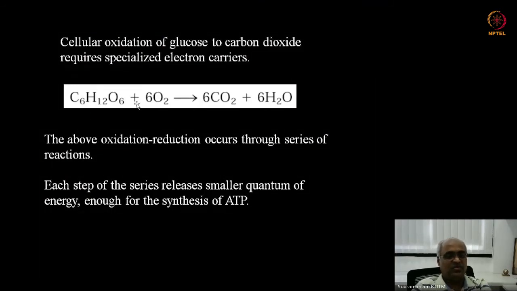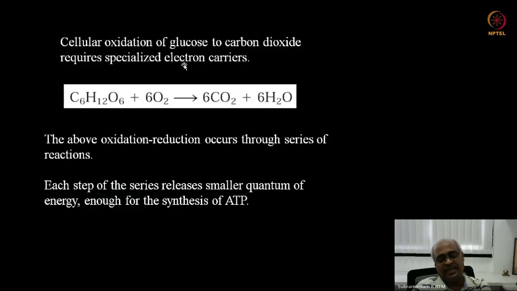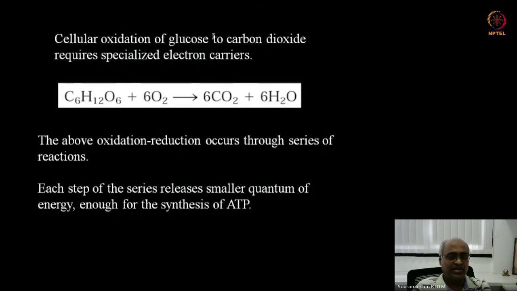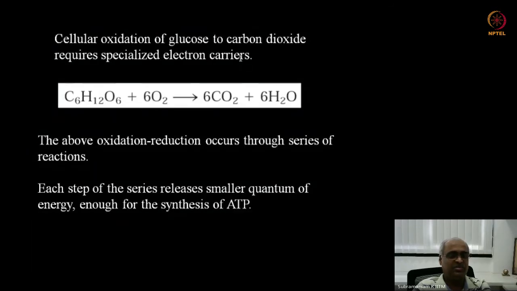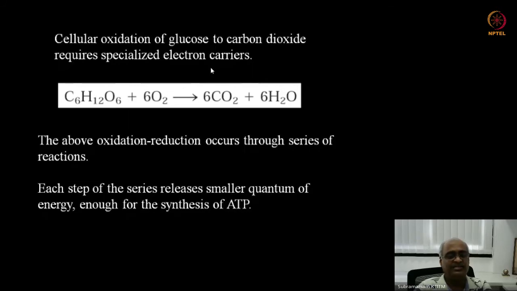The electron flow from this to this happens in multiple steps, and in each step the electron is temporarily carried by molecules that we call electron carriers. The chemical structure of those molecules enables them to function as electron carriers, meaning they can reversibly undergo oxidation and reduction.